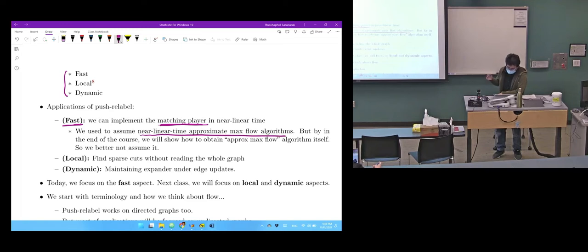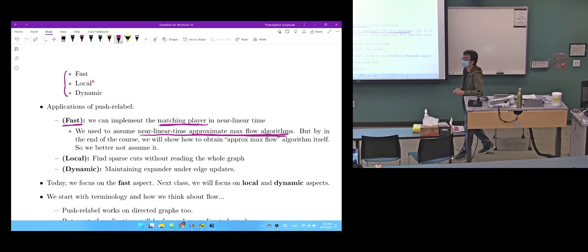But by the end of this course, what I really want to do is actually tell you how to implement this, how to get approximate max flow in linear time. So we better not assume it, and build something without this assumption.